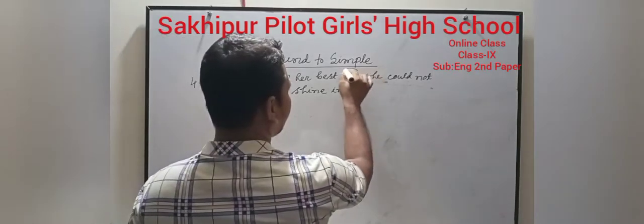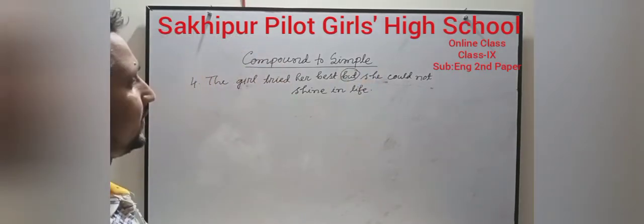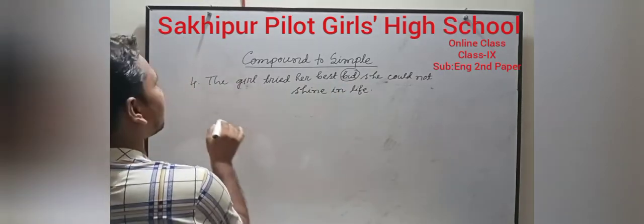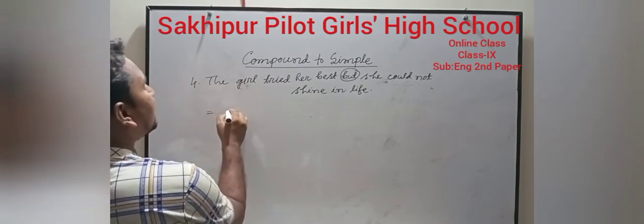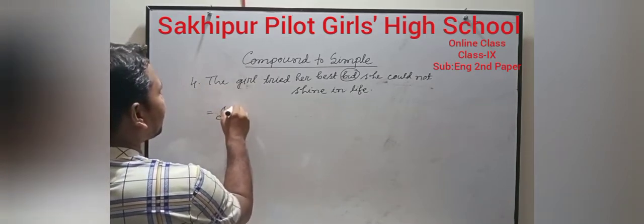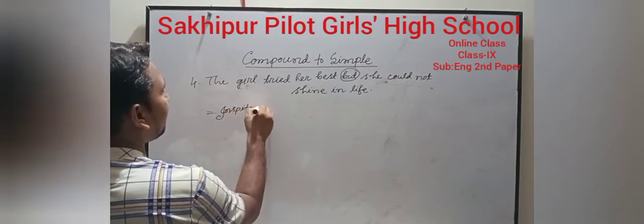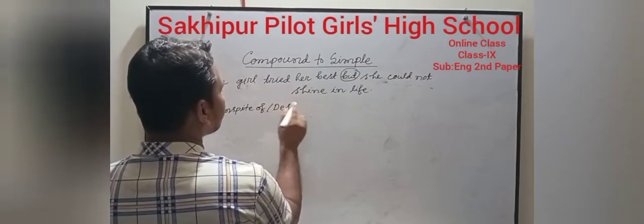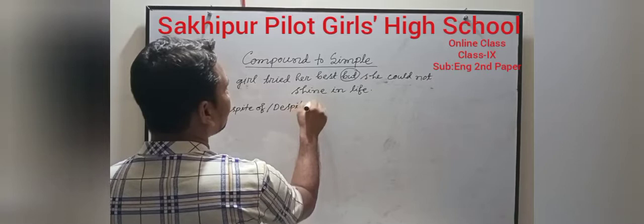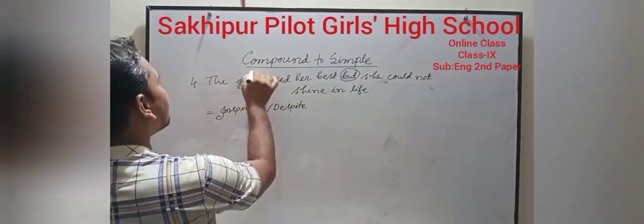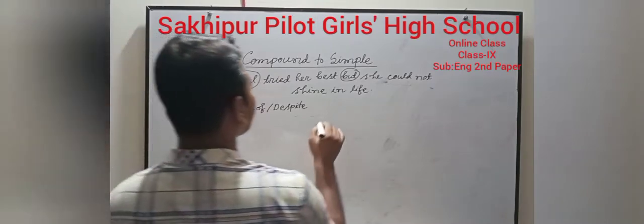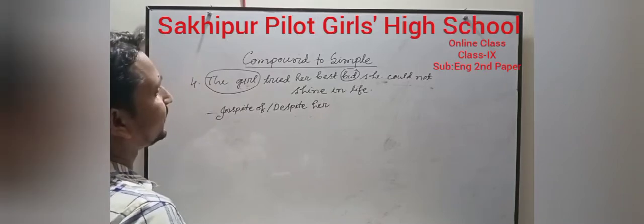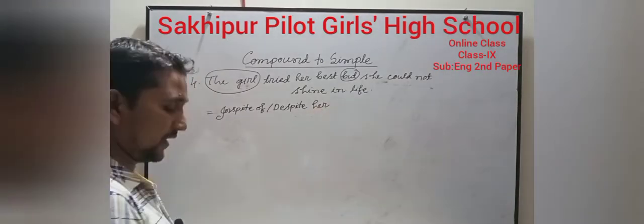Here the conjunction is "but". If there is the conjunction "but" in the compound sentence, at first you have to bring "in spite of" or "despite" at the beginning of the simple sentence. Then you have to write the possessive form of the subject. If the subject is feminine, then the possessive form will be "her".